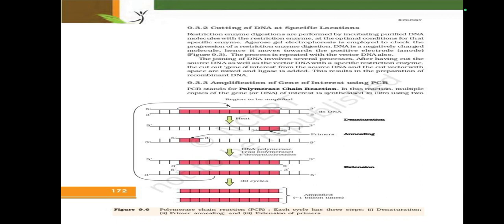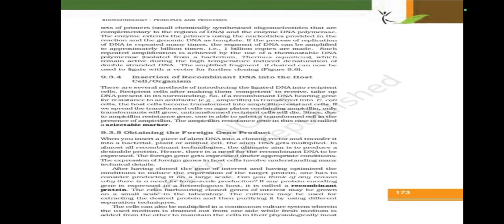9.3.3 Amplification of gene of interest using PCR. PCR stands for polymerase chain reaction. In this reaction, multiple copies of the gene or DNA of interest are synthesized in vitro using two sets of primers, small chemically synthesized oligonucleotides that are complementary to the regions of DNA, and the enzyme DNA polymerase.